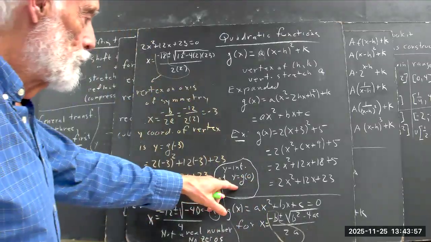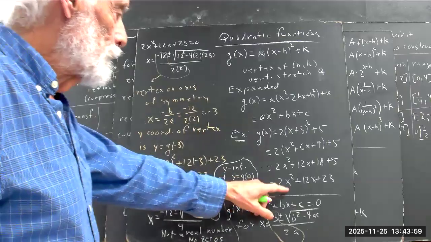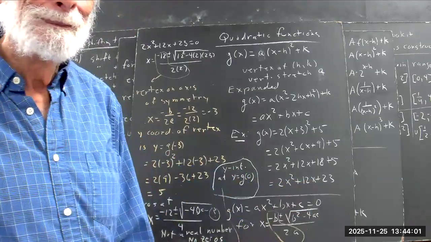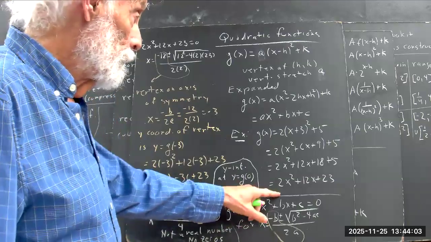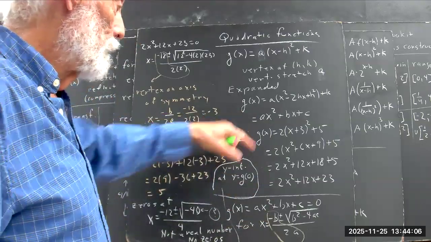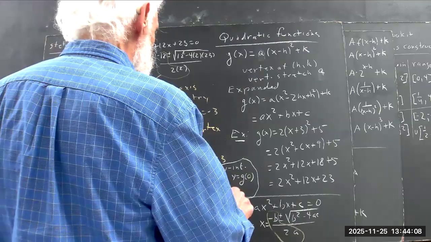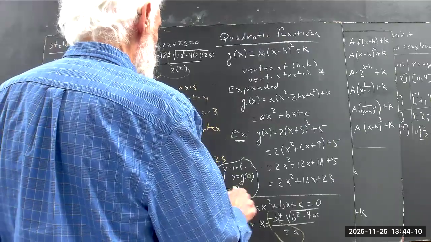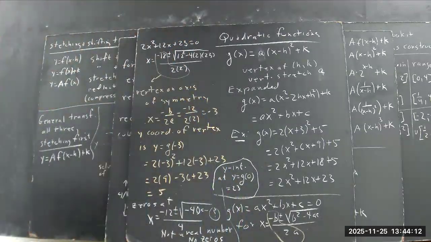The y-intercept is that y equals g of 0. If x is 0, you're going to get 23, which is a lot easier from this form than it is in this form. So y equals 23, right?